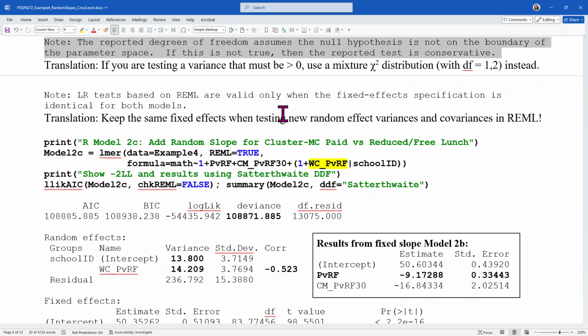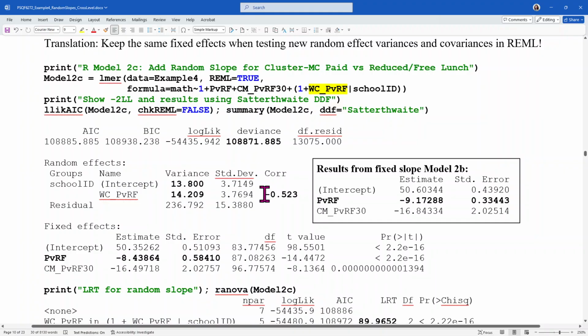I do that because we're in REML, but I also do that because, to me, it doesn't make sense to add fixed and random at the same time, because the change in fit could reflect just the fixed part, just the random part, or both, and I would want to know about both of them. So I do it in layers for that reason as well. So there's the correlation directly given in R instead of covariance.